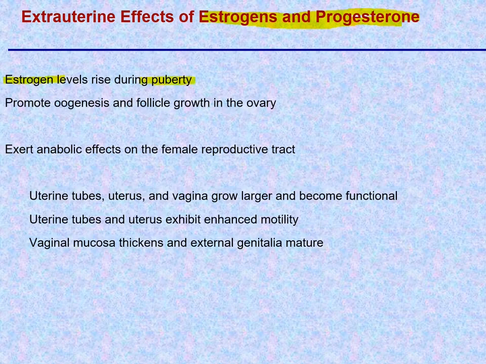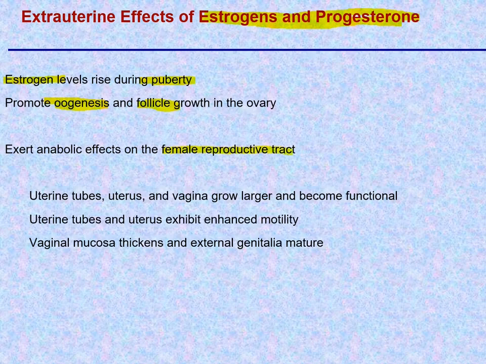So as a female enters puberty, estrogen secretion levels are increasing, released from the ovaries. This promotes the start of oogenesis, development of eggs, and follicular growth, so that a primordial follicle becomes a primary follicle.